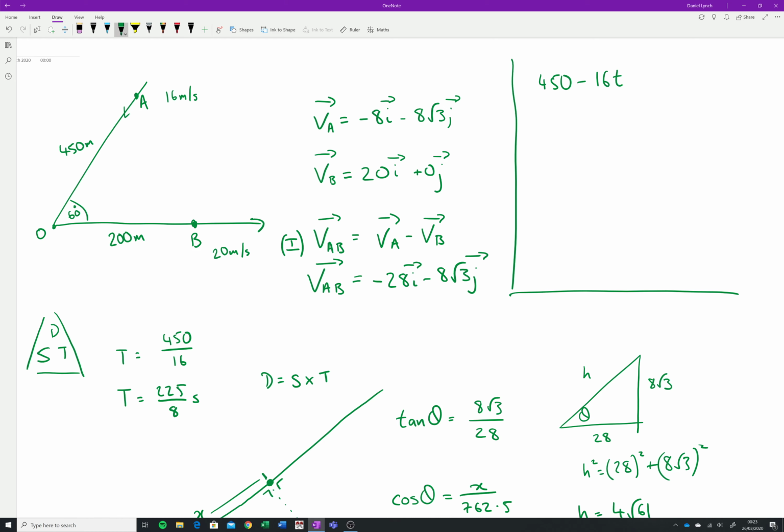I think that's a nice way to think about it. And of course, the same is true for B. B is currently 200 meters away from O, but every second it'll get 20 meters closer. So its distance is 200 minus 20t.